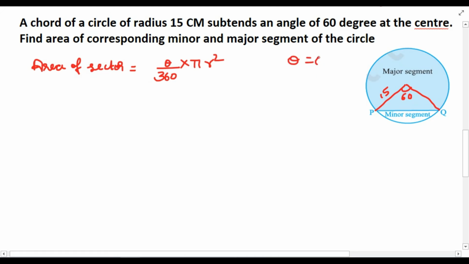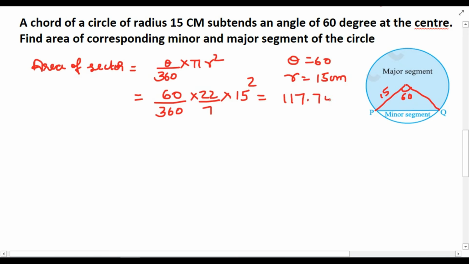Here theta is 60 degree and the radius is 15 centimeter. So when you substitute 60 divided by 360 into 22 by 7 into 15 square, it is equal to 117.75 centimeter square. So this is the area of the sector.